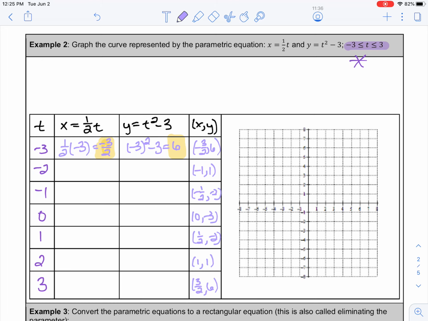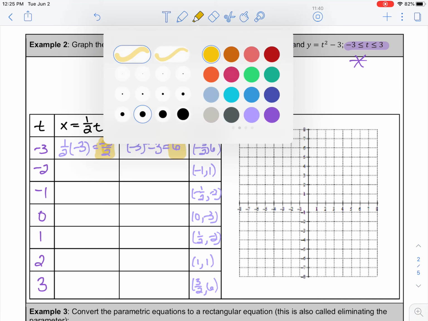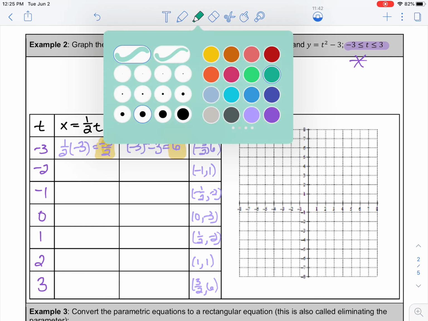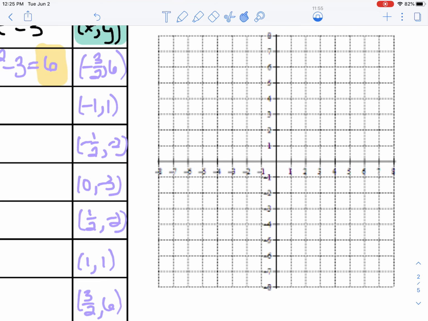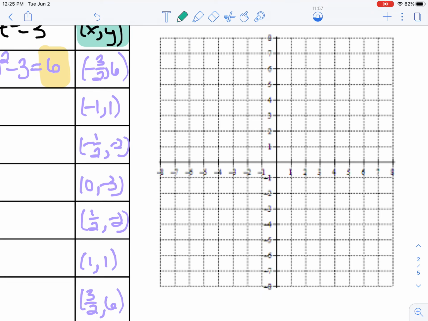Okay, so what we've accomplished is that we have collected all of these xy points that we can now graph on our xy coordinate system. We will have -3/2, that first point, so we know that's -1.5, so your x value is somewhere between -2 and -1, and up here at +6.